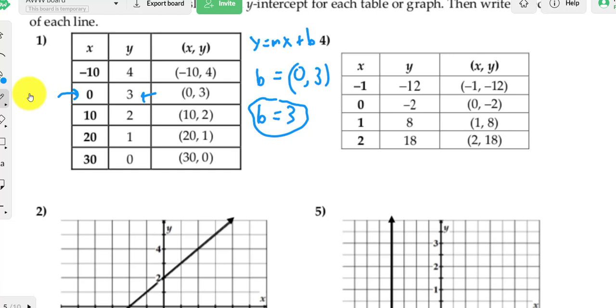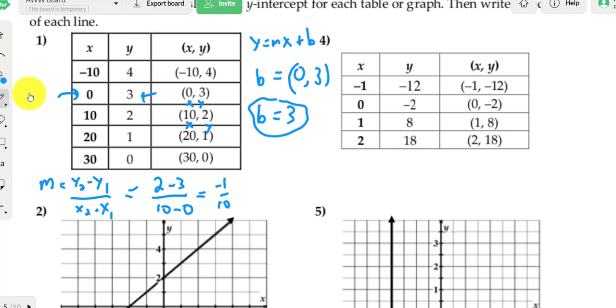And then we know my slope, my m, is y2 minus y1 over x2 minus x1. So remember, this is an x and a y, and I just need to pick another x and a y. So I'm going to write 2 minus 3 over 10 minus 0. I get -1 over 10.